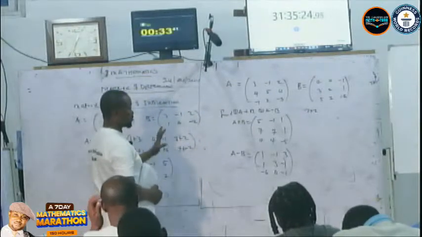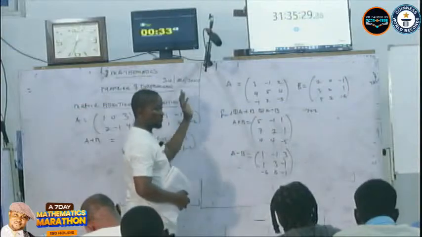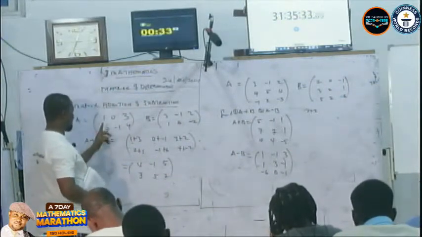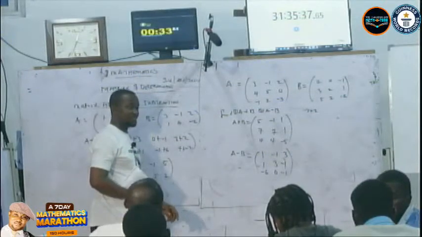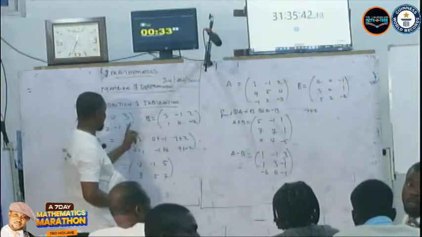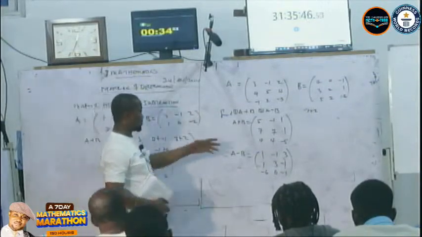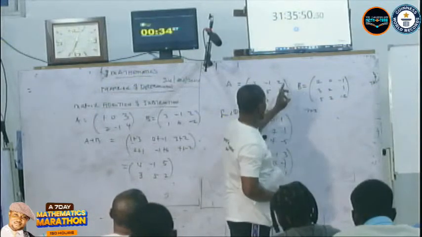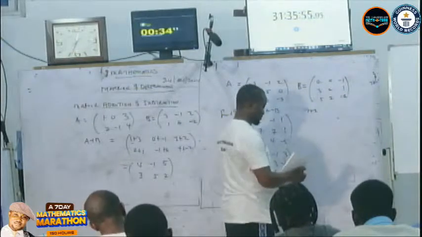Just like a square matrix, you add the first with the first, the second with the second, the third with the third. So this is going to be 1 plus 3, 1 plus 1, 3 plus 2. That's why I'm breaking it up. But when I come here, I did not do that. I just did the normal adding. Are you getting me now?